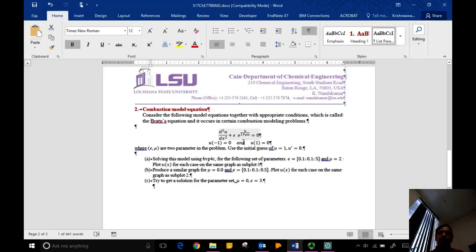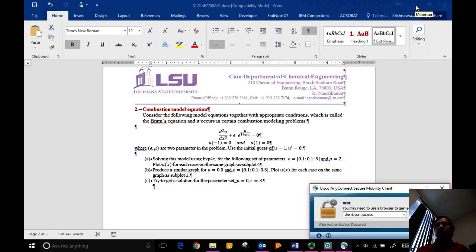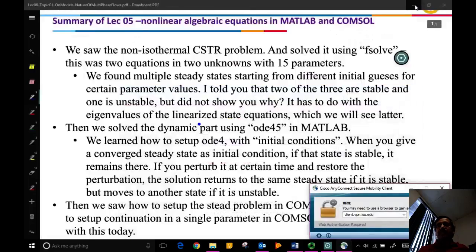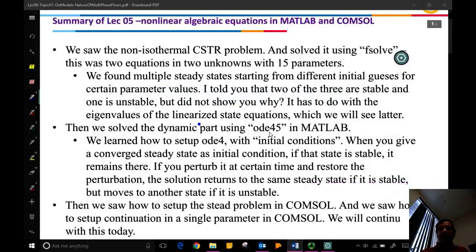So the tools that we will see in MATLAB have a parallel in COMSOL, but they are relatively easy to use both in MATLAB and COMSOL. But the moment you go for partial differential equations, MATLAB becomes a more difficult tool to use, and then we will easily switch and continue to develop our expertise in COMSOL. Okay, so expect this to be up in the Moodle sometime later today, and you will have a week to work on these two problems.